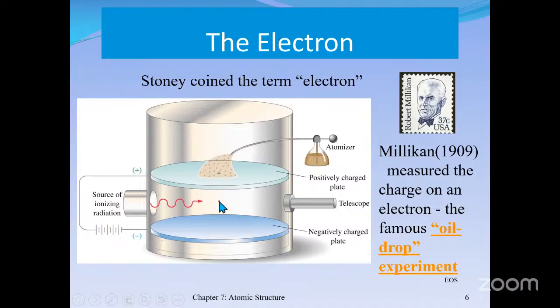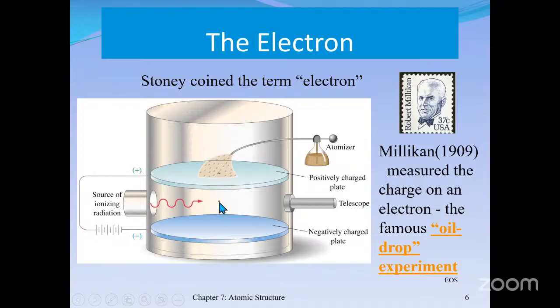Now, once in this region here, it will be impacted by a source of ionizing radiation, right? So you have some radioactive material here that will produce radiation, and the role of the radiation is to knock off electrons from the oil drop, all right? So basically, the oil drop, when electrons are knocked off it, becomes positive. And if the electric field between these two plates is at the right value, then you can suspend the oil drop between them, right?